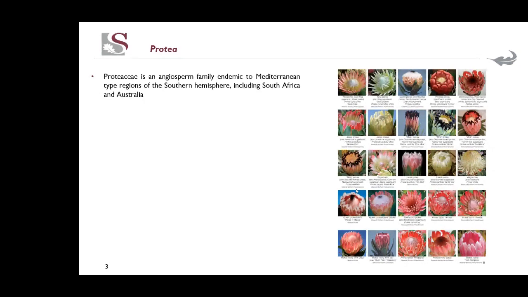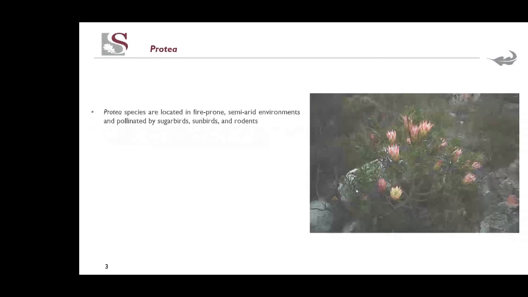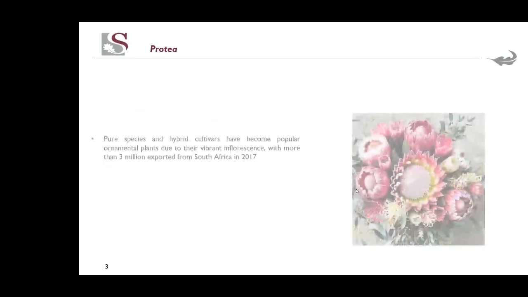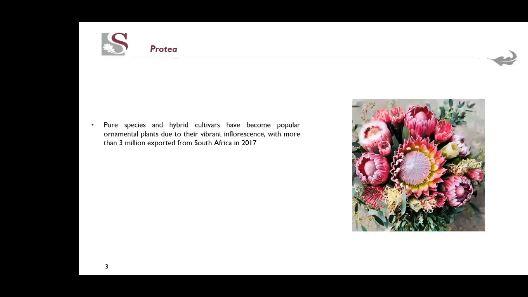And within these species, we have the Protea species, and the Protea species are located in fire-prone and semi-desert environments and pollinated by sugarbirds, sunbirds, and rodents. The Proteas exist as both species and cultivars, and because of their very beautiful flower heads, about 3 million were exported from South Africa in 2017.